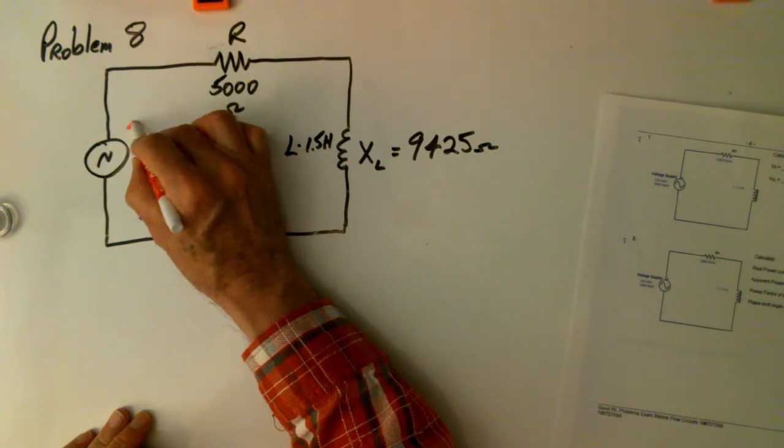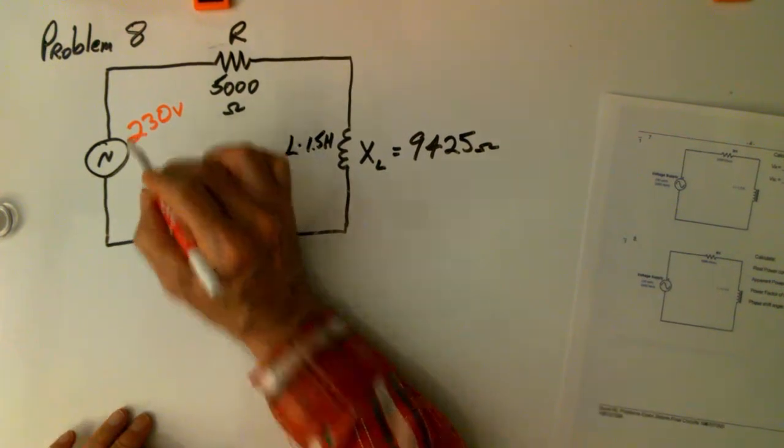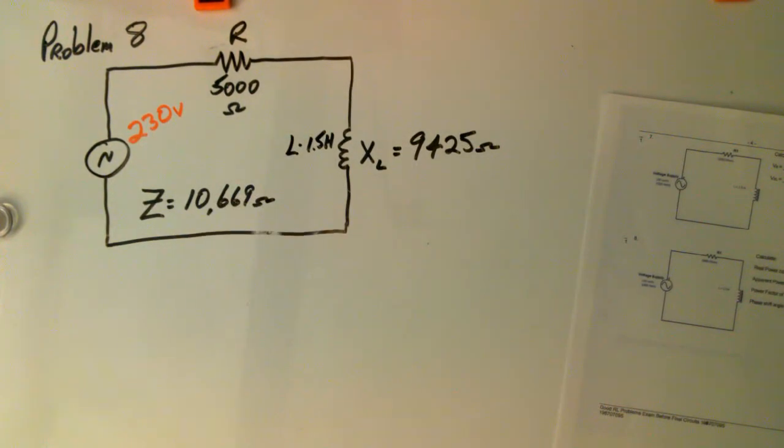The power supply is 230 volts. The 1,000 hertz we won't use again, so we will do it as such. Now then, let's see the best way to do it.